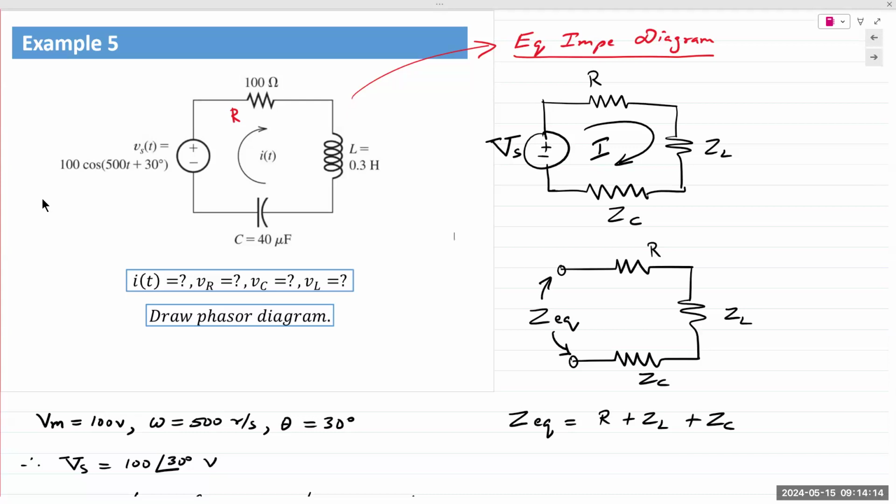Exactly the same procedure. Here we are dealing with impedance, but impedances add up the same way as resistors, and so we can reduce it down to one single equivalent impedance. And so what we do is we remove the voltage source from our analysis. We have the open terminals, and we determine ZEQ as seen by VS.